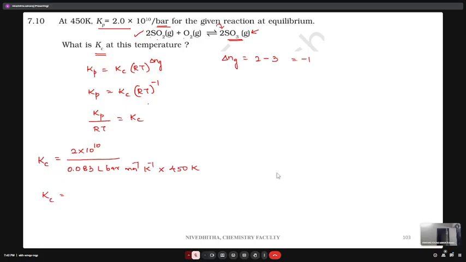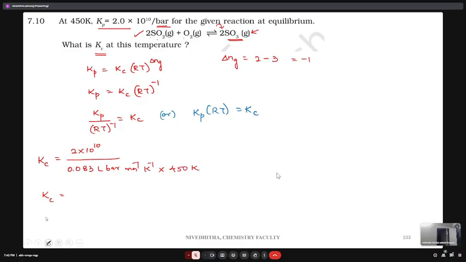And now once again, actually here RT power minus 1, right? So if we take this RT to the left side, still it is going to be RT power minus 1. So I can bring this denominator to numerator, right Kana? Or I can write it as Kp into RT, which is equal to Kc, right?